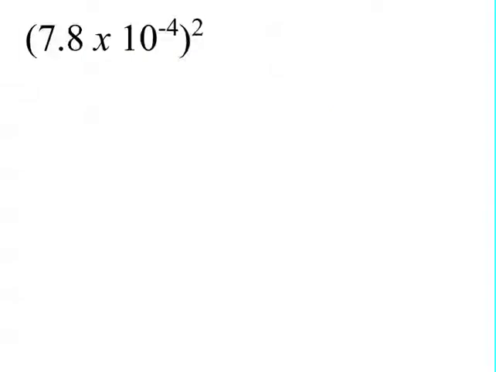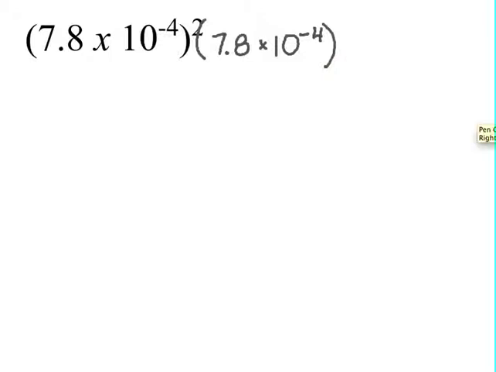Alrighty, we're going to look at what that means. (7.8) times 10 to the negative 4th squared. What does it mean when you square something? Multiply it by itself. So basically, this is the easy way to do that. Just write it again. And we're going to solve this problem the exact same way we did the previous problem. So we're going to take the 7.8 times the 7.8.